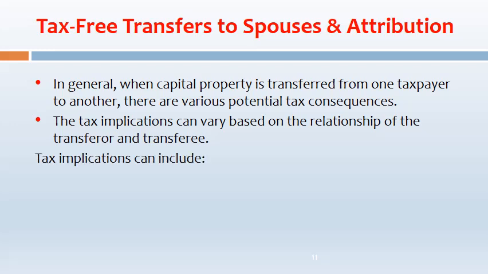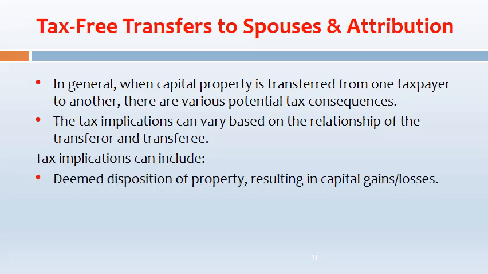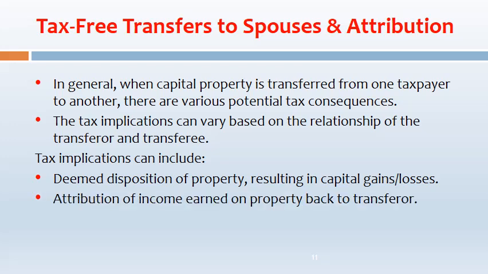We're going to talk about some specific relationships shortly. So the tax implications can possibly include a deemed disposition of the property. What that means is the property that you own is deemed to be disposed of upon giving it to somebody else or selling it to someone else potentially. This could result in a capital gain or possibly a capital loss.